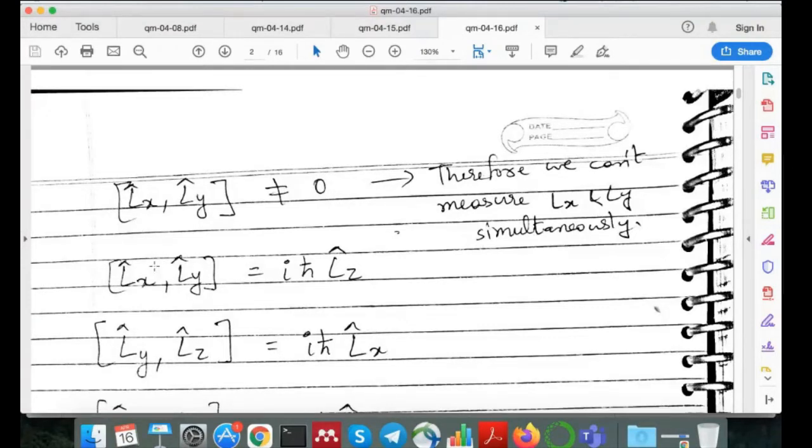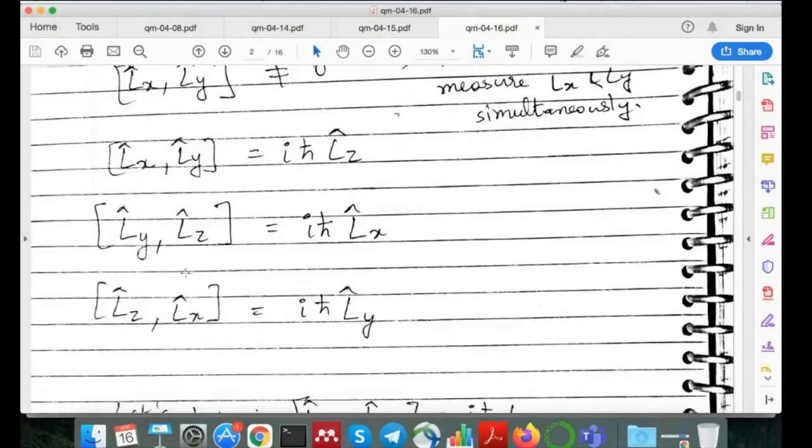So what exactly is the commutator relation? If it does not commute, then the commutator of Lx and Ly is equal to iħ Lz. There is a cyclic relation between all of these. So the commutator of Ly and Lz is iħ Lx, and the commutator of Lz and Lx is iħ Ly.